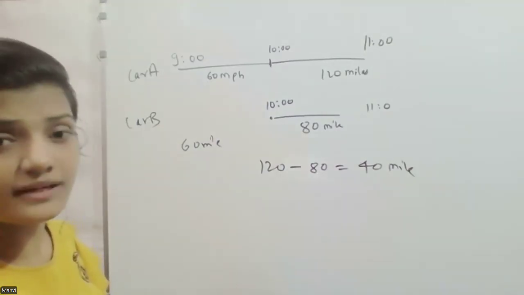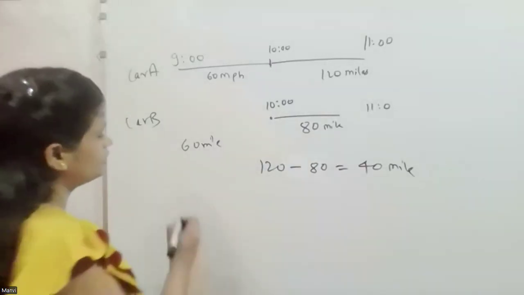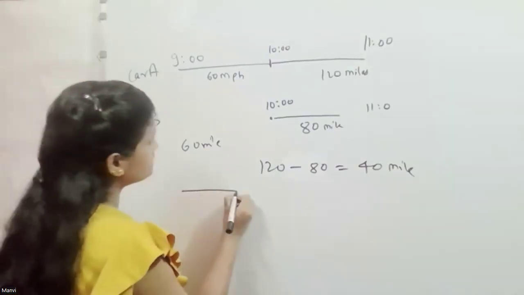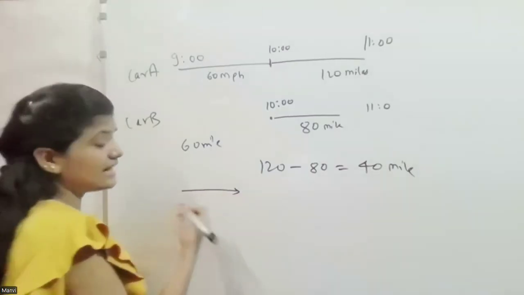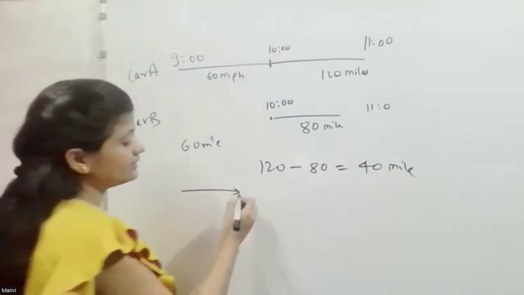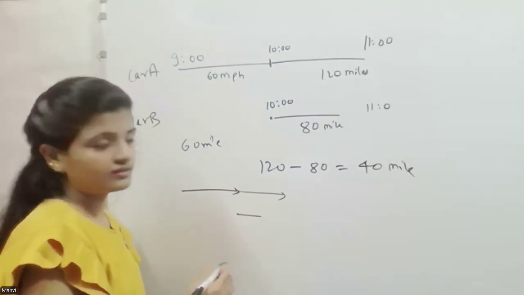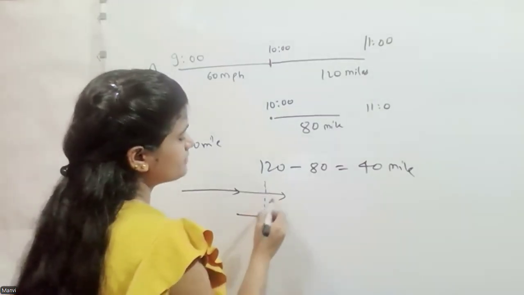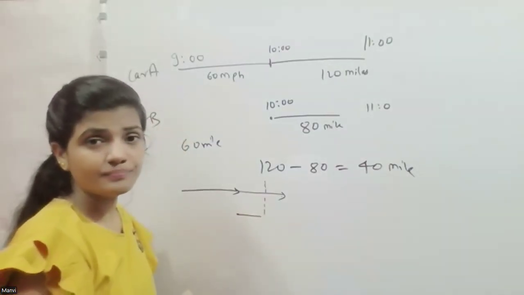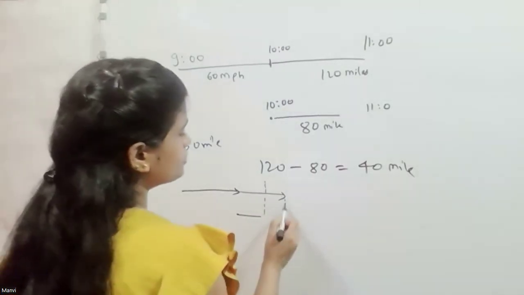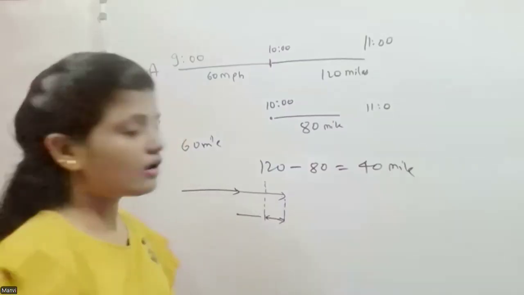Car B is 20 miles per hour faster than car A. When car A reached 120, car B reached 80 only. The difference is 120 minus 80, which is 40 miles. So car B needs to cover this 40 miles gap.